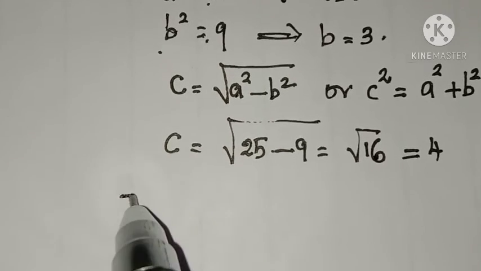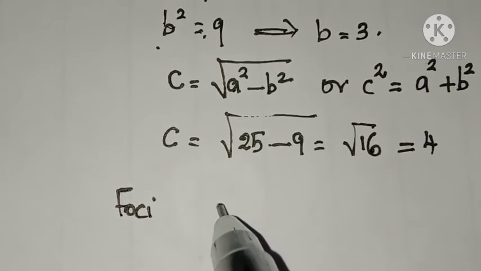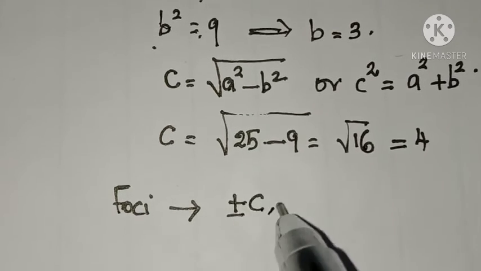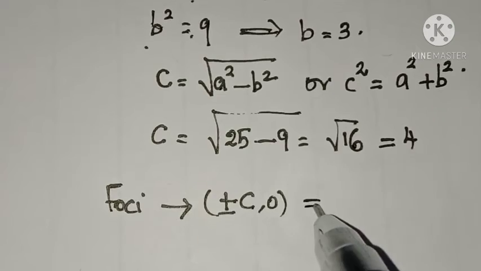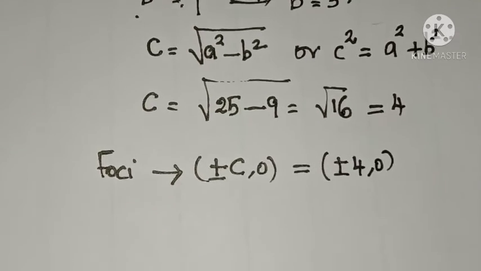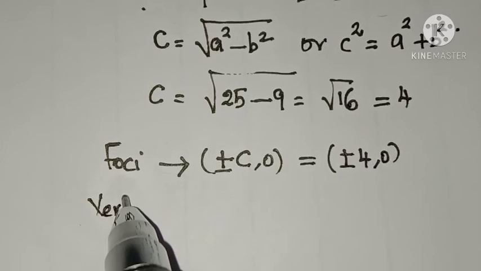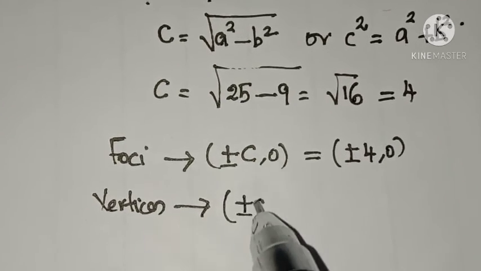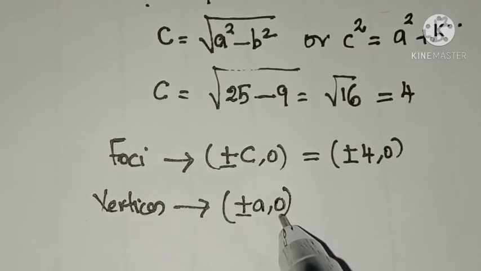Now write the foci. What is the form of the foci? It is plus or minus c, 0. So the foci are plus or minus 4, 0. Now what are the vertices? Vertices are plus or minus a, comma 0.